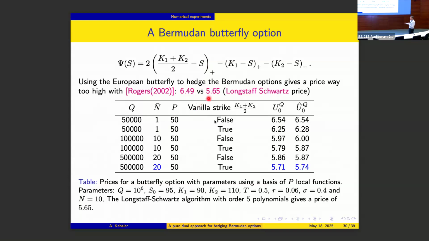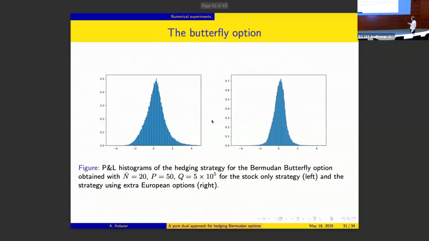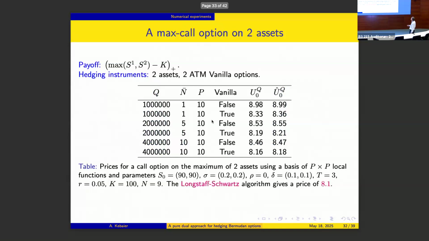Longstaff-Schwartz is 5.65, so there is a gap between them. But if we use our approach, including vanilla options, we are getting really close to Longstaff-Schwartz. And in an automatic way, it's a really systematic method. And this is the hedging error, when you include and do not include the options.